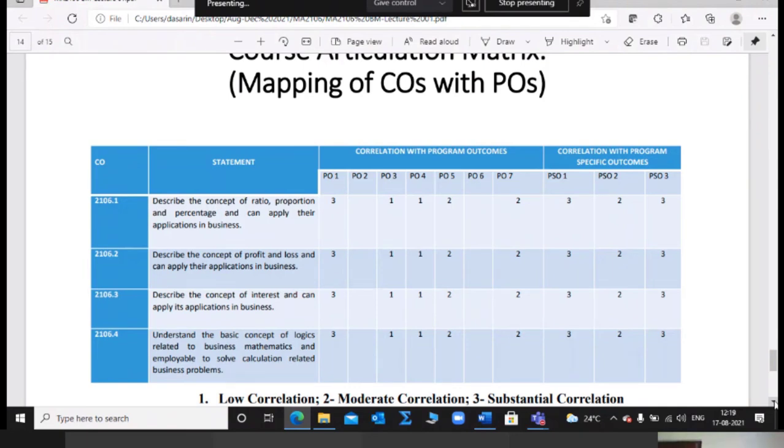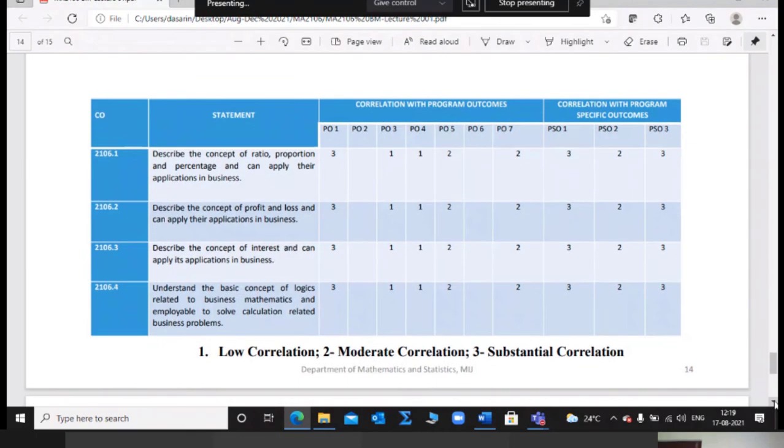So the related weightage that we have decided: course outcome 1 is more related to the program outcome 1 with substantial correlation. For the substantial correlation, we used to give 3. If it is a low correlation, it is 1. If it is a moderate correlation, it is 2.